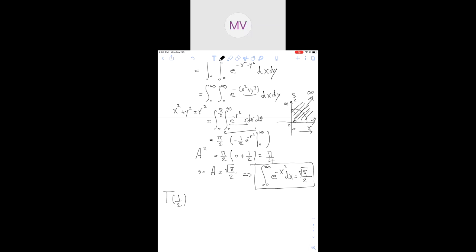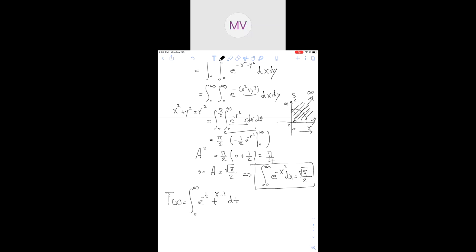Okay. Now for this, we're going to go ahead and use a formula, right? What was the gamma function? It was 0 to infinity. Let me write down the gamma definition first, and let me use that. So gamma of x in general was 0 to infinity e to the negative t, t to the x minus 1, dt.